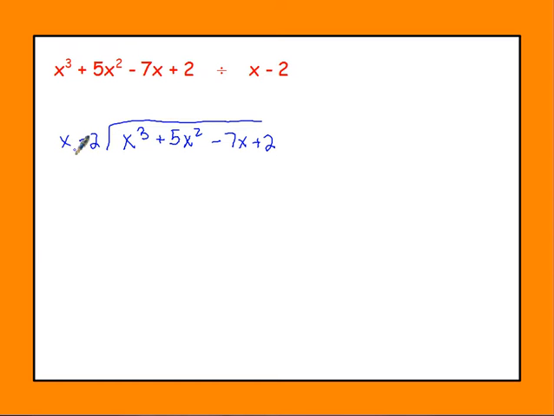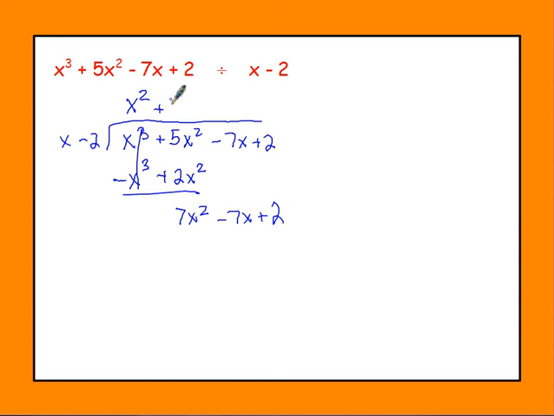Again, ask yourself, x times what will give me x cubed? And that would be x squared. Now multiply. That gives me x cubed minus 2x squared. I want to subtract, so I change the signs. Those cancel. This gives me 7x squared minus 7x plus 2. Now, x times what will give me 7x squared?